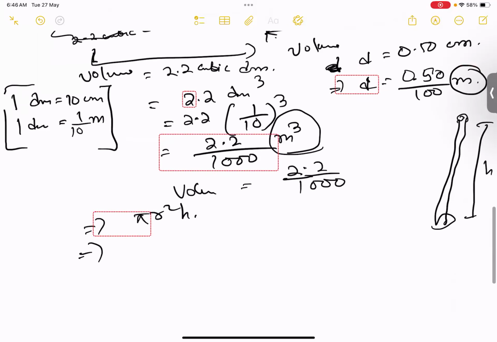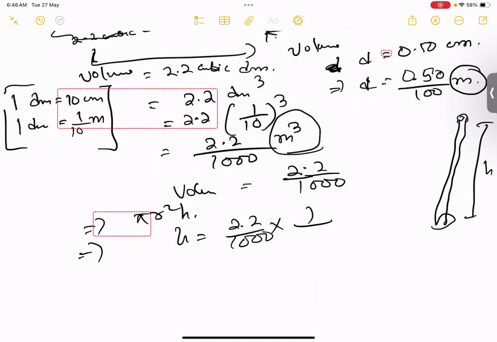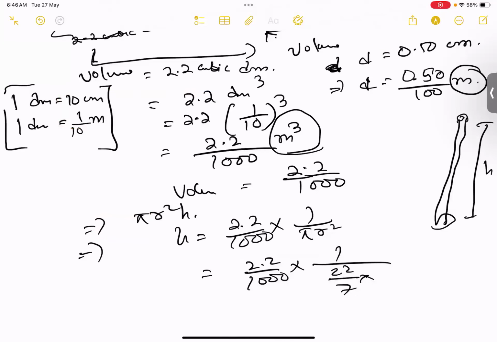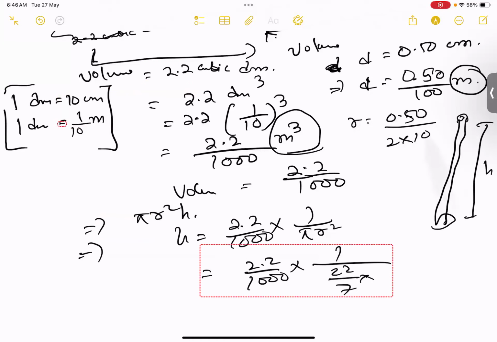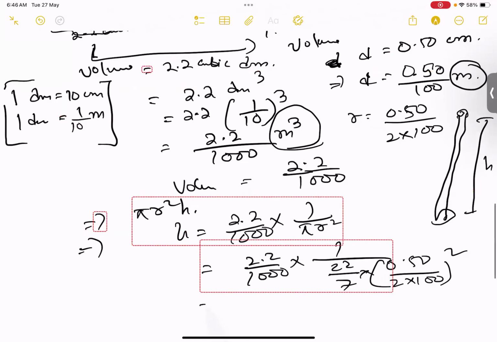So height is 2.2 by 1000 into 1 by pi r square, which is 2.2 by 1000 into 1 by 22 by 7 into radius squared. This is the diameter, so we find the radius: radius is 0.50 divided by 2 into 100, whole square. If you solve this, you will get the answer as 112 meter.